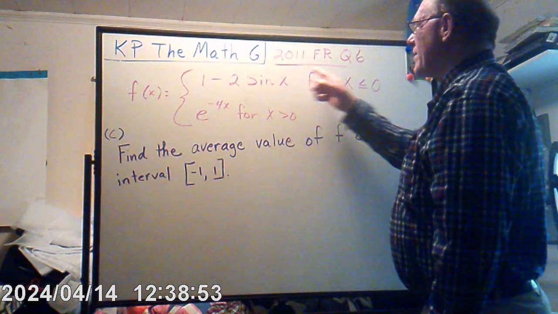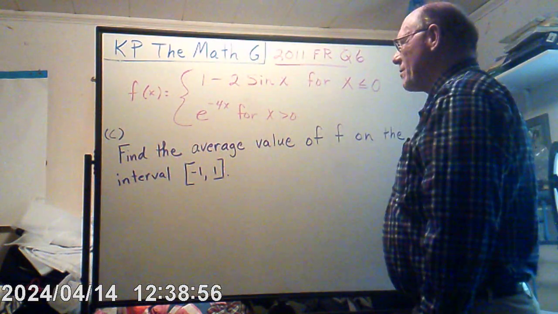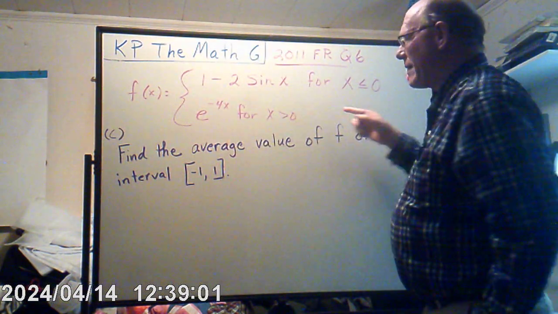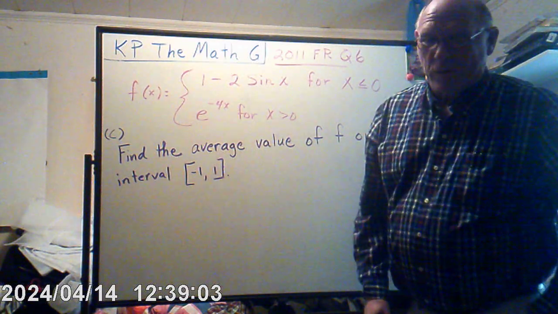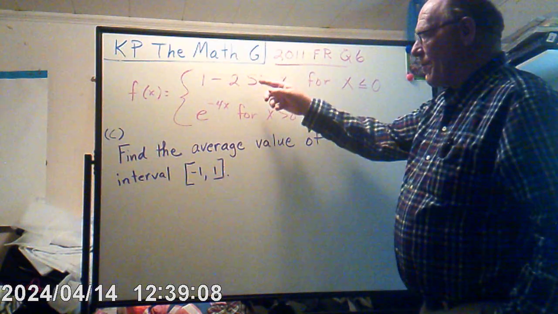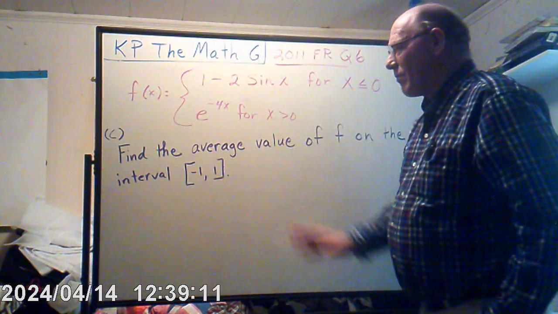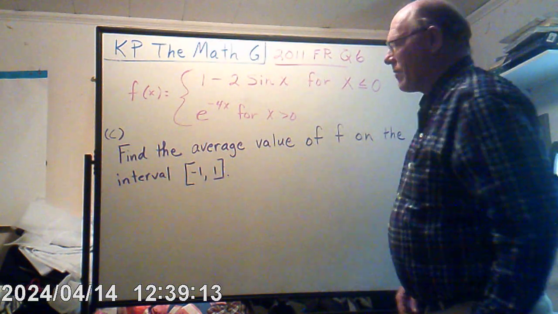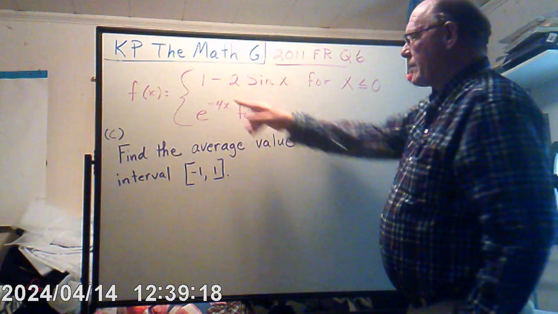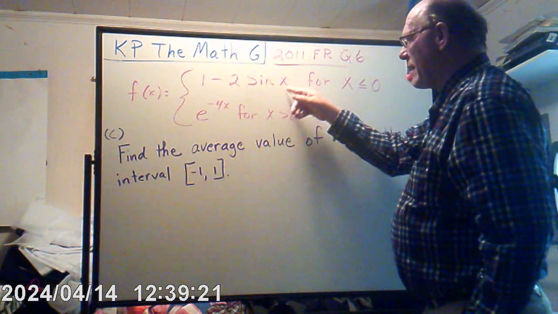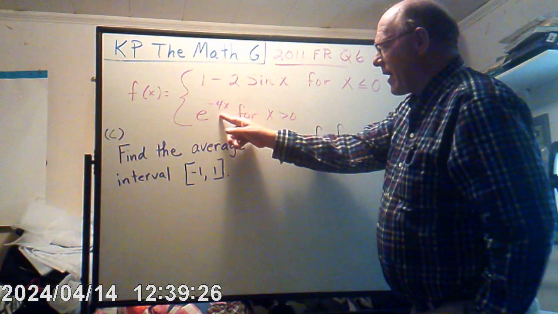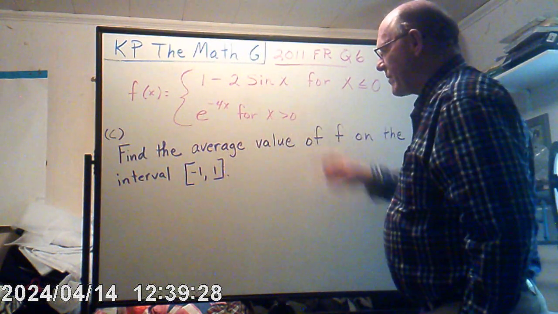This is coming from the 2011 free response, question number 6. This is, of course, coming from a piecewise differentiable type function, and from the last video we did both parts A and B, and now we want to do part C. Of course, we see that the piecewise function f is 1 minus 2 sine x for x less than or equal to 0, and e to the negative 4x for x greater than 0.